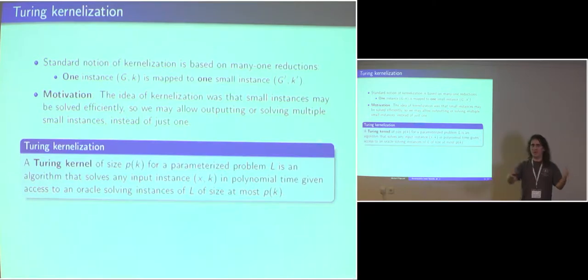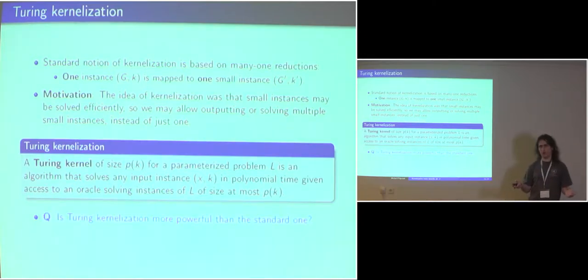So basically, the polynomial time algorithm on its way can solve small instances. Of course, a normal kernel is also a Turing kernel, because I can just apply kernelization and ask the oracle one question at the end. But maybe the possibility of asking more questions on the way gives us more computational power.